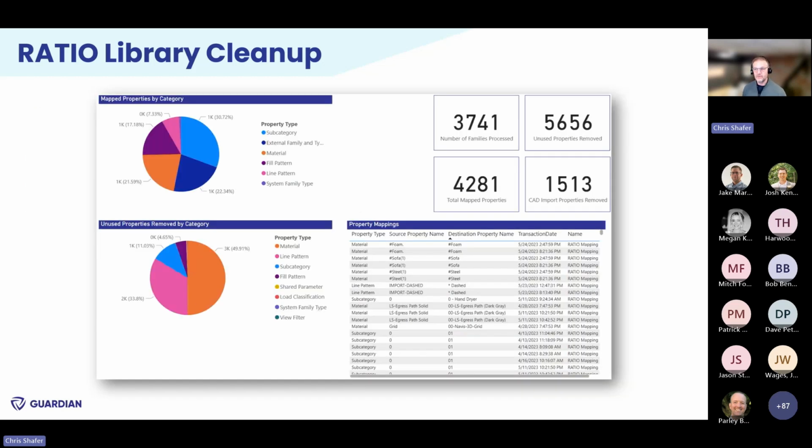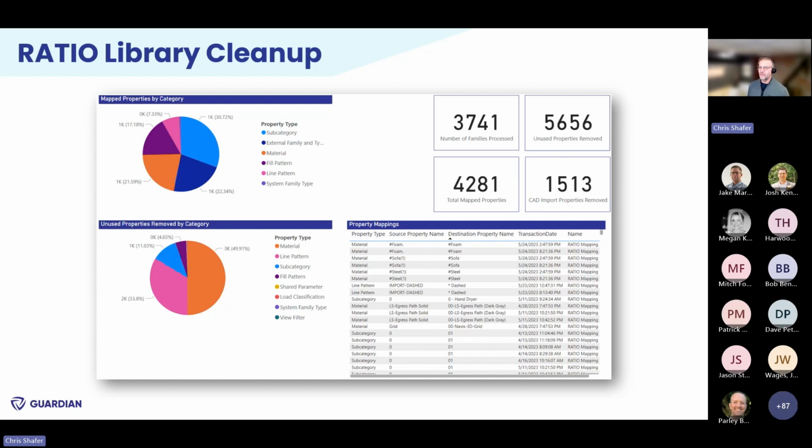And one of the things that we did as part of this process is we made sure that we're using Guardian Backstage to capture all that data. I think this is a really important step in all of this, making sure that you're capturing and understanding how much Guardian is working for you, because 40 hours in the scheme of things is not a lot, but I imagine for a lot of you going to your leadership and saying, hey, can I get 40 hours to go clean our library?